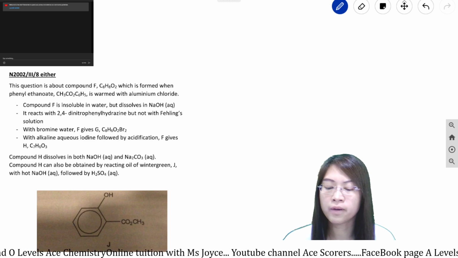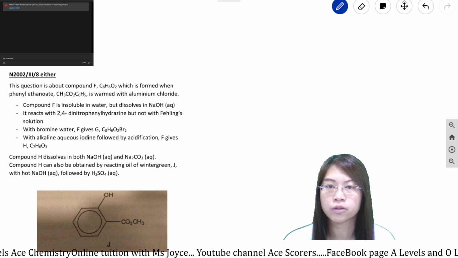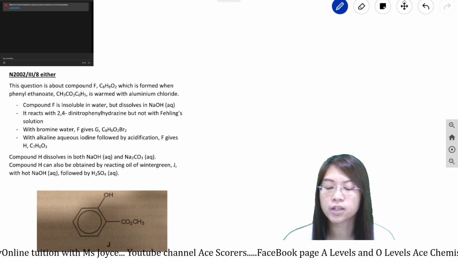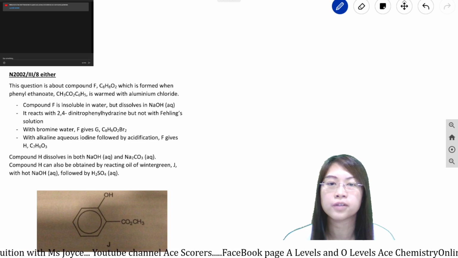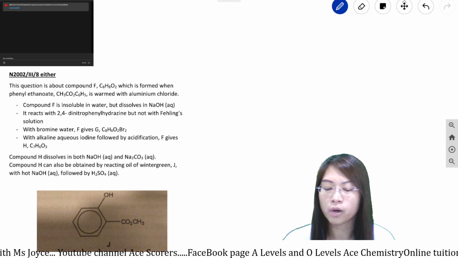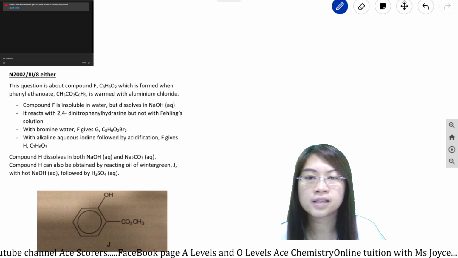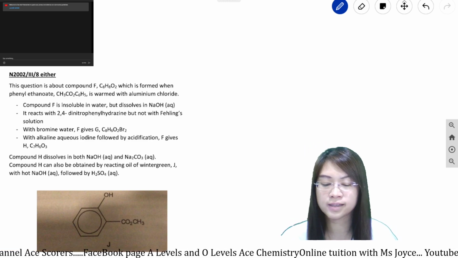Now next, compound H dissolves in both sodium hydroxide and sodium carbonate solution. Now this compound H can also be obtained by reacting oil of wintergreen, J, with hot aqueous NaOH, followed by sulfuric acid solution.